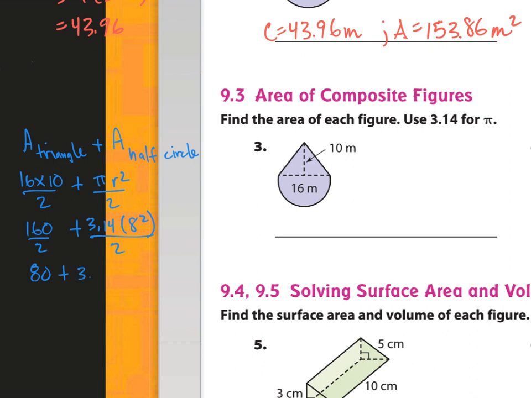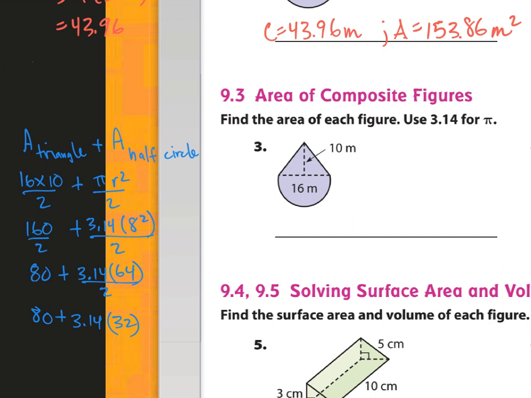Okay, so it's 3.14 times 64 divided by 2. And I'll just do the 64 divided by 2. 64 divided by 2, that's 32. So that would be 80 plus 3.14 times 32.